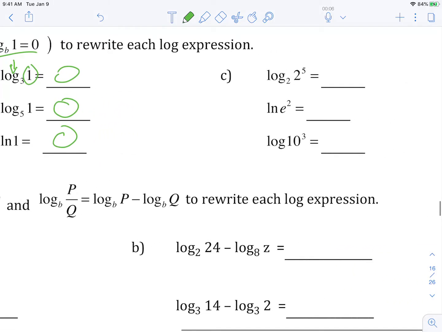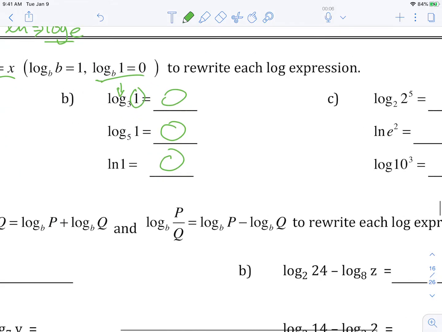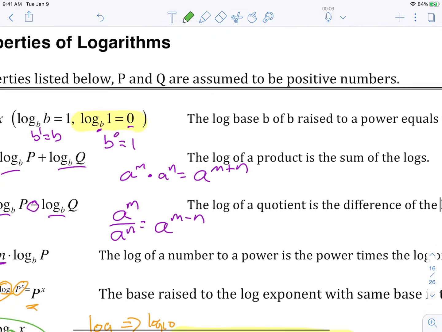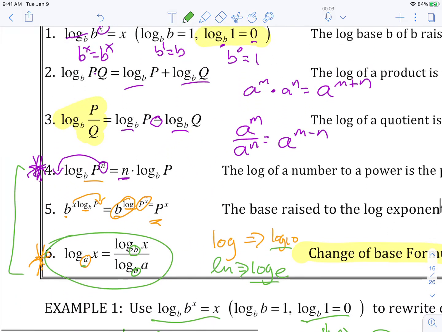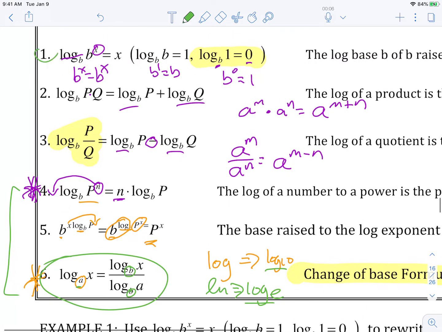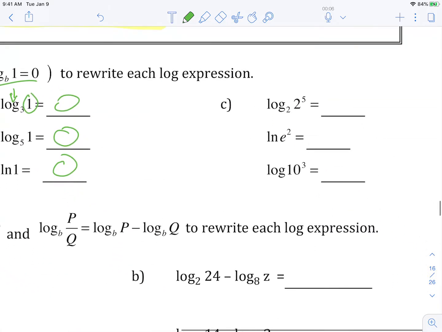And lastly, this c comes from over here, where you could just take log base b of b to the x, and the input is just the exponent. So all these are just going to be the exponent because these two bases, you can kind of think of it as they cancel out.